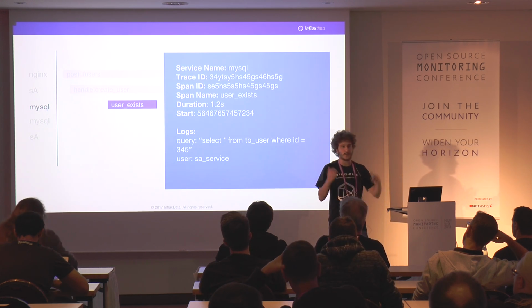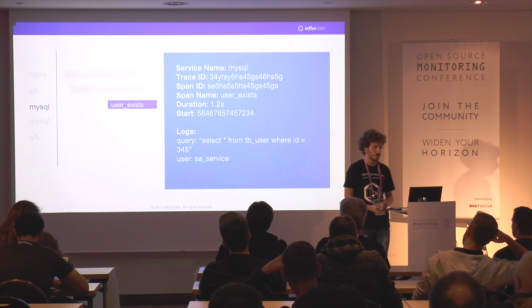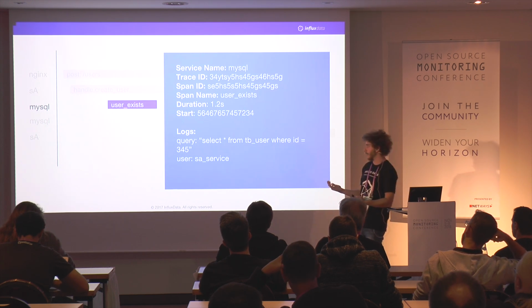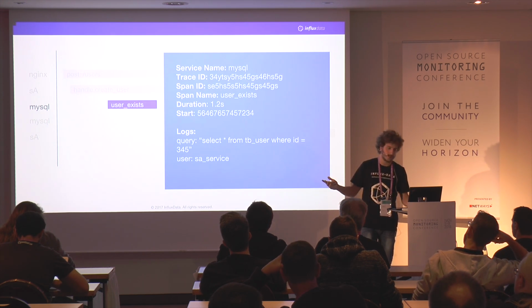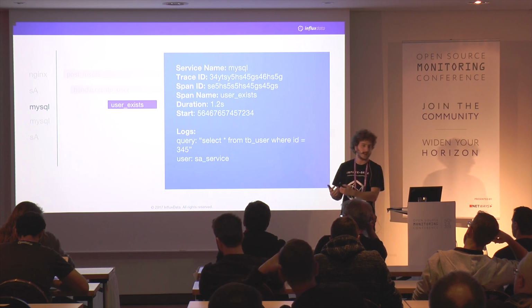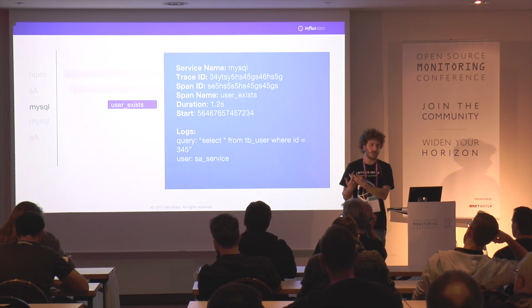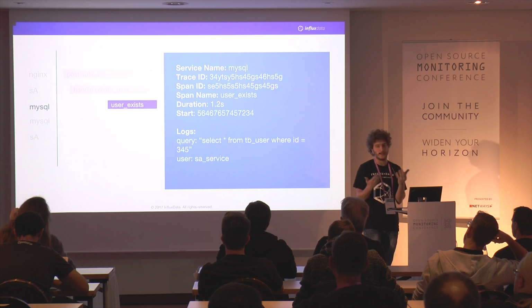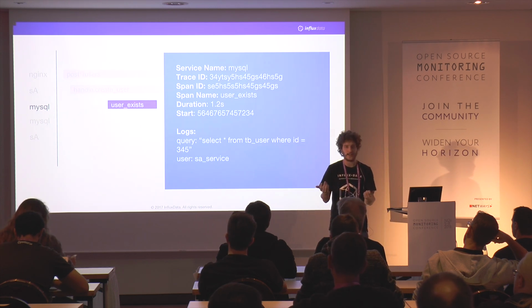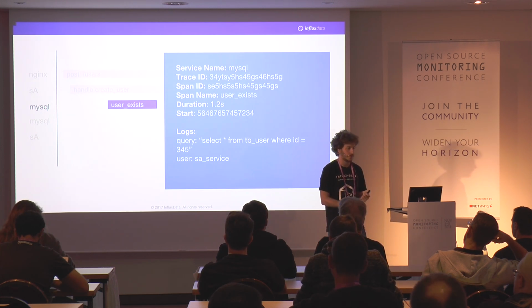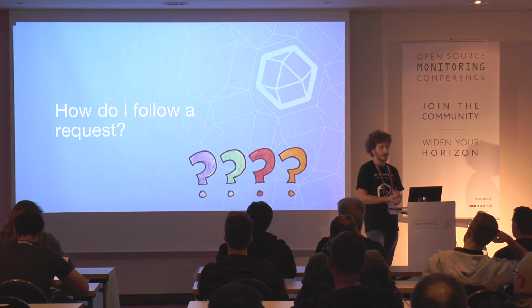So in this way, you can build the graph that we just saw. Obviously, labels: I took user exists, so probably you can put as a key value the query. So you have the query inside the span and the user that made the query. So this is just a prototype, let's say.